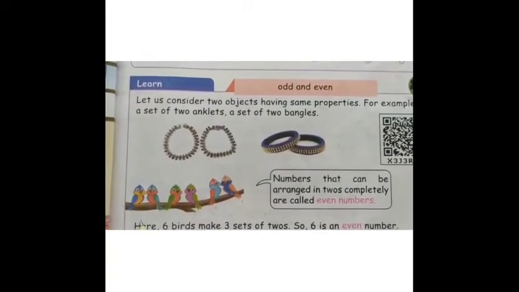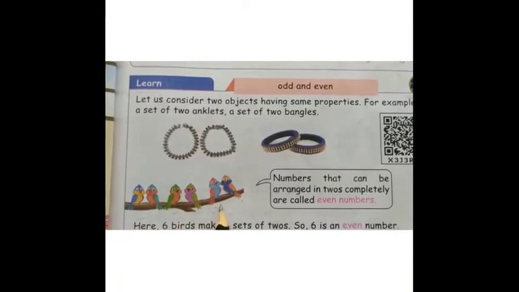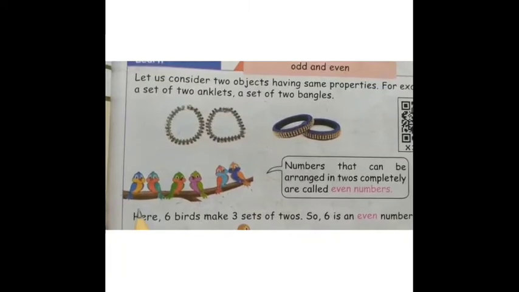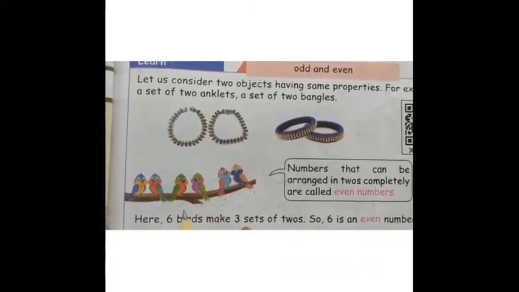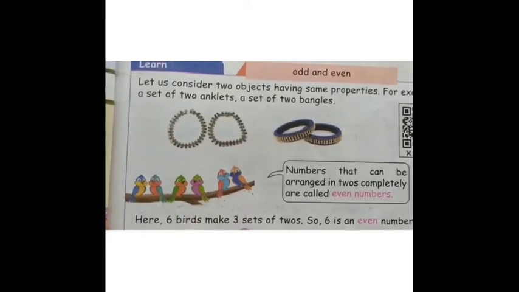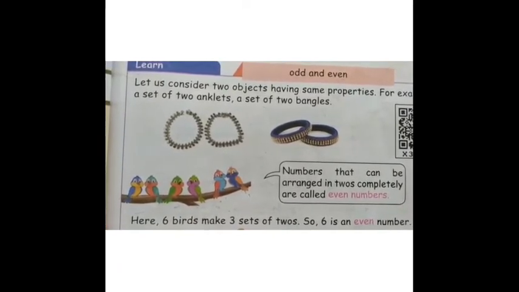Here we can find 3 sets of twos. We have arranged the birds into twos. No birds are left. So 6 is an even number. The birds are in pairs.